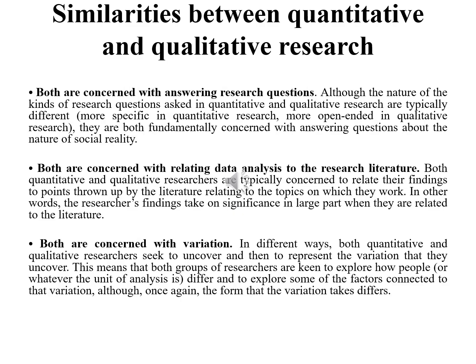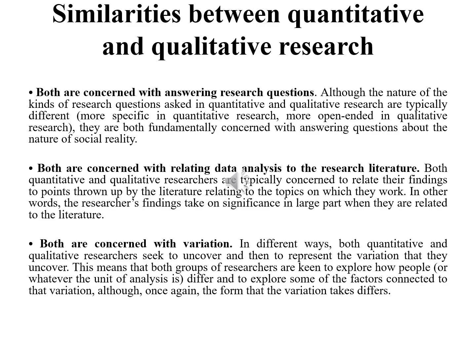Next, both answer research questions. Both types of research are done to answer questions about society and social life. Quantitative research focuses on answering specific questions, and qualitative research collects data through open-ended questions.